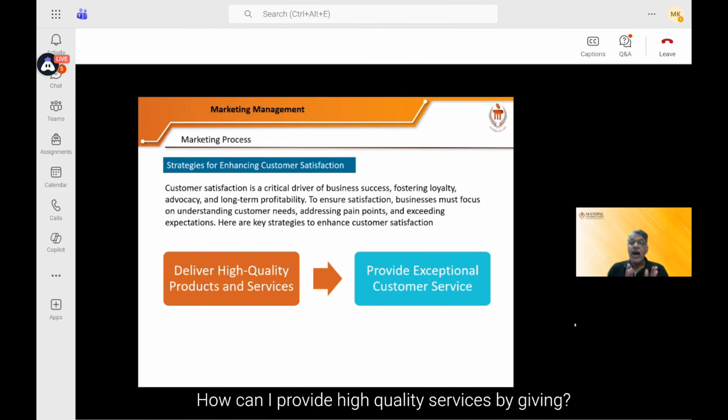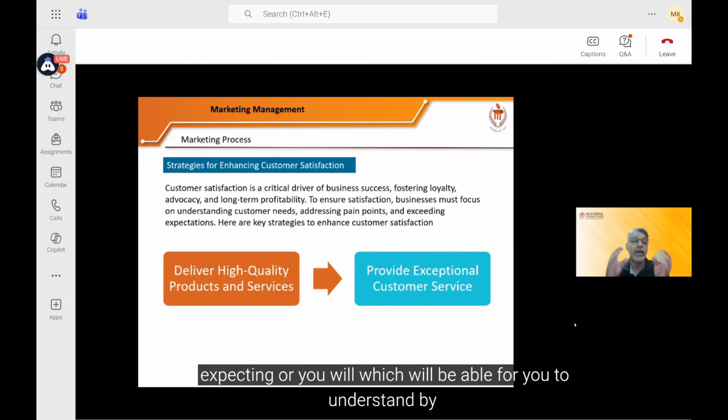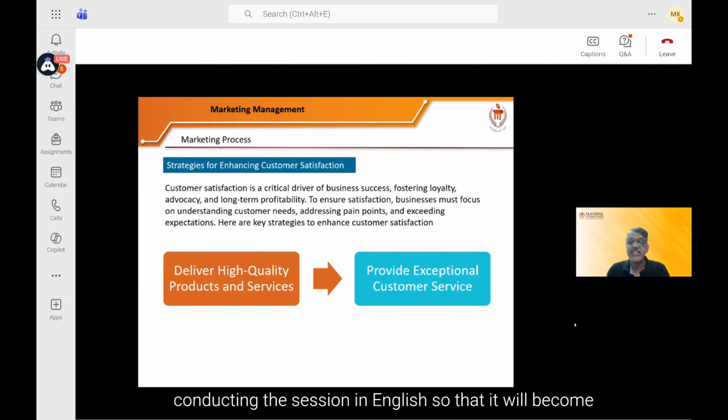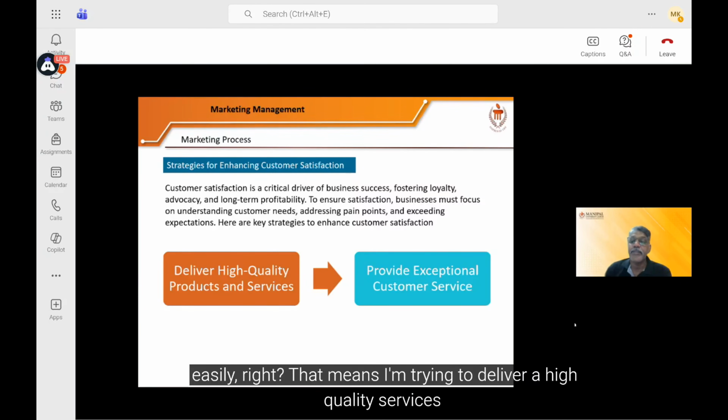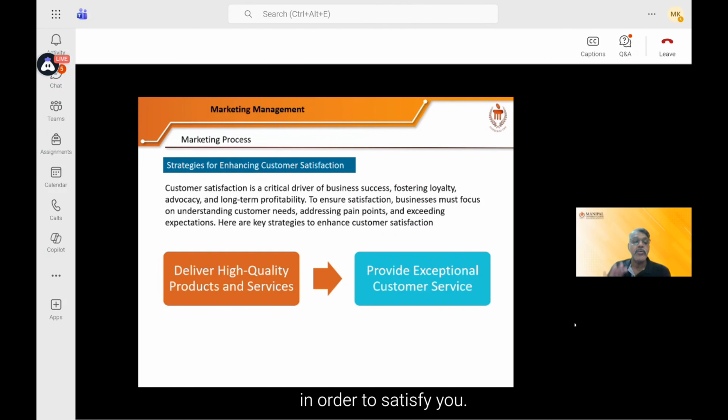By giving up-to-date examples, by giving practical examples that you are expecting, or which will help you understand, by conducting the session in English, so that it will be comfortable for you to write the papers very easily, right? That means I'm trying to deliver high quality services in order to satisfy you, right? This is what we read as providing exceptional customer services.